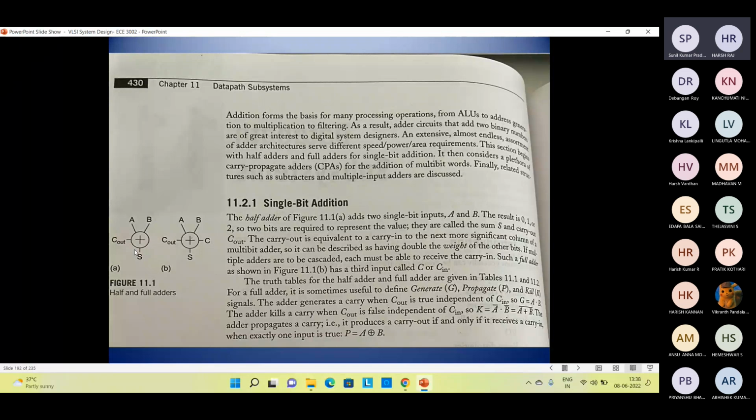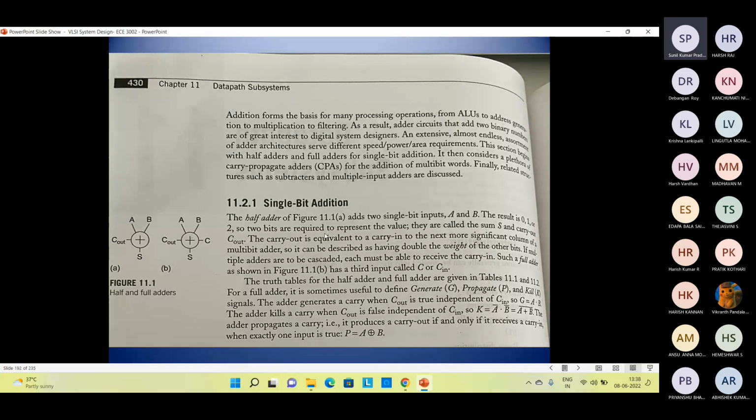Such a full adder is shown in this figure: one input A, another input B, the sum S, the carry out, and a third input called C or C in.